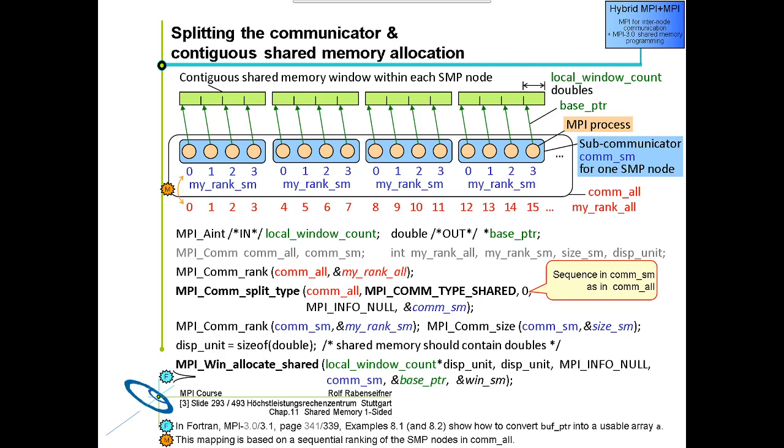And just a remark, as it appears in the slide: for Fortran, after MPI_Win_allocate_shared, it would be needed to convert the pointer of the buffer into a usable array.